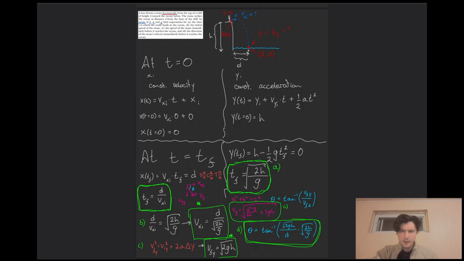Part B is v in the x direction initially is equal to, they did some flipping around, but it's the same answer as what we got. Beautiful. C is the magnitude, and it looks like we got the same thing. Amazing. And D is the angle. It looks like we have the same thing, except they simplified like how I showed you.